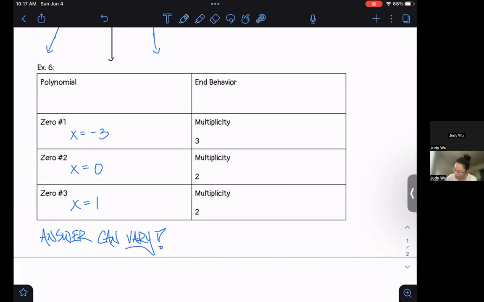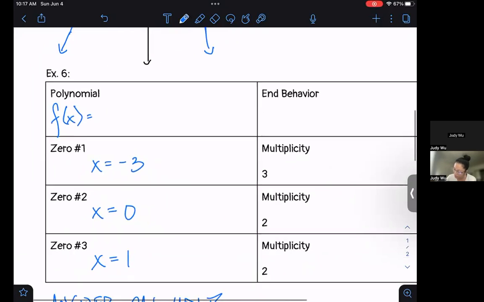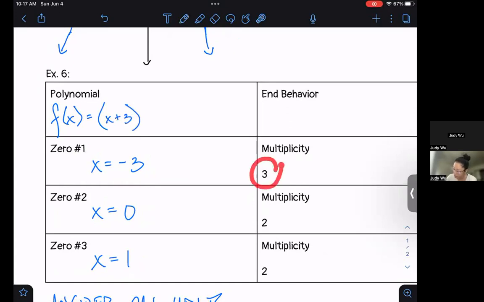Now, what this means now that I have my zeros is I can write my polynomial. And it's probably easiest to write this in factored form, okay? So if x equals -3 is a 0, then x plus 3 is the factor. And it has a multiplicity of 3, so I need x plus 3 cubed.